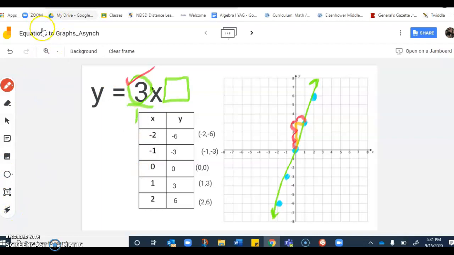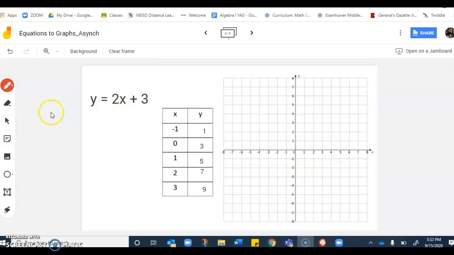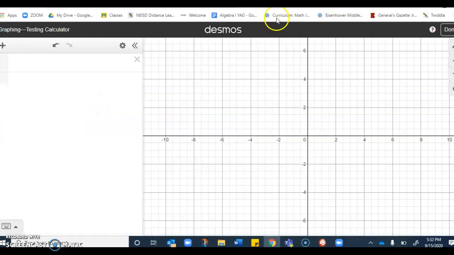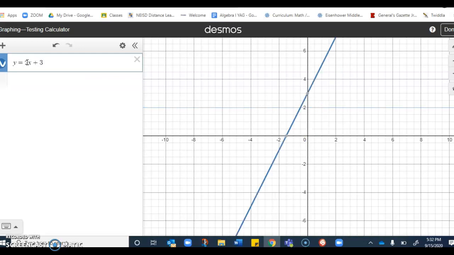Good. We're going to do the next example together, and then I would like you to complete slides 4 and 5 using your Desmos calculator. Okay, so we're going to take our equation right here, y equals 2x plus 3, and we're going to go plug it into our Desmos calculator. You should already have it open. So y is equal to 2x plus 3.